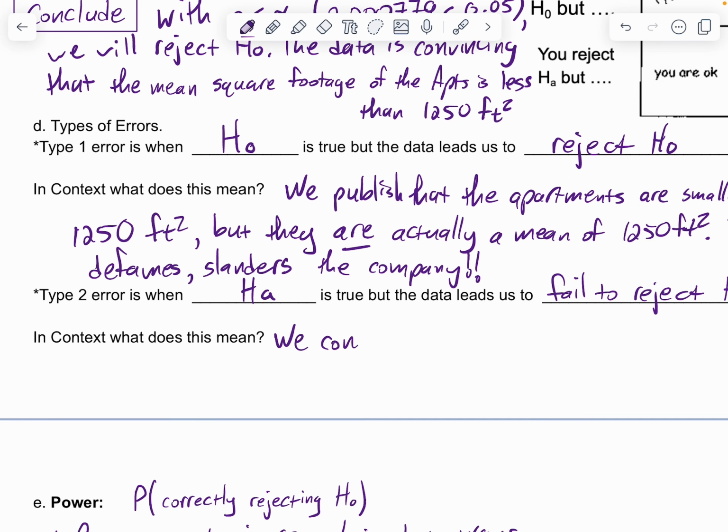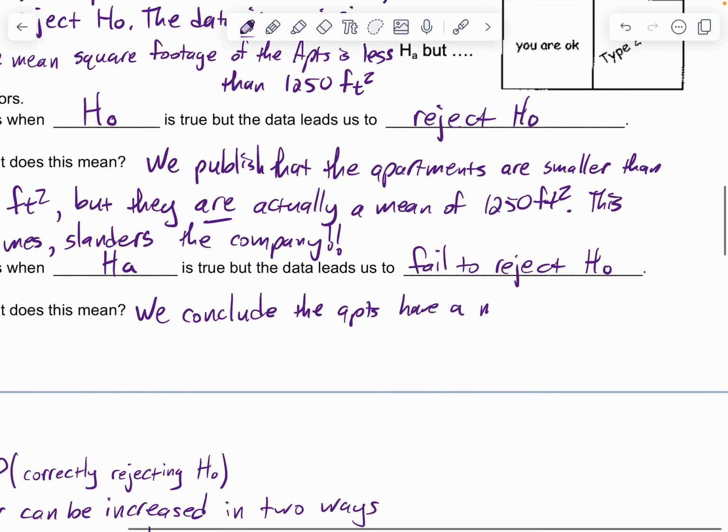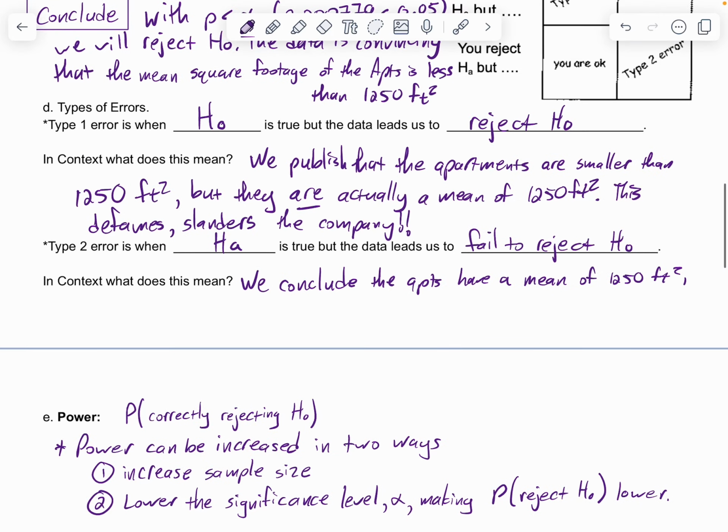It would mean we would fail to reject, right? We conclude the apartments have a mean of 1,250 square feet, but the alternative is true, which the alternative is that they're too small, but they actually have less square footage.